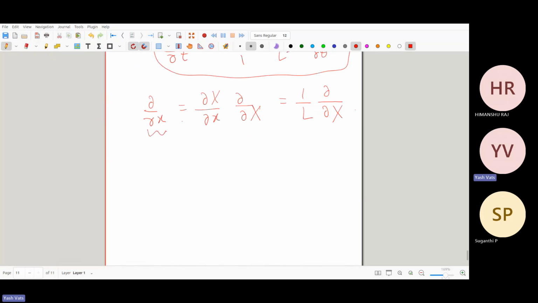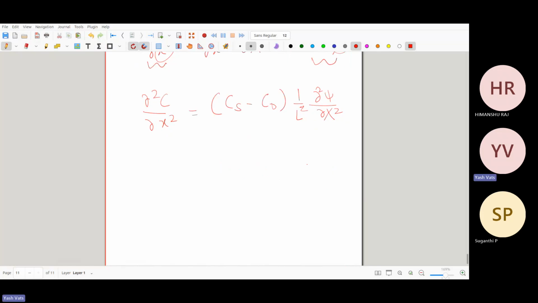So you have changed your small x variable in terms of capital X variable. Similarly, you can find out that del 2 C over del x square is just C naught by L square del 2 psi by del X square.